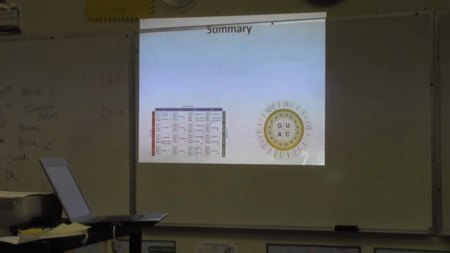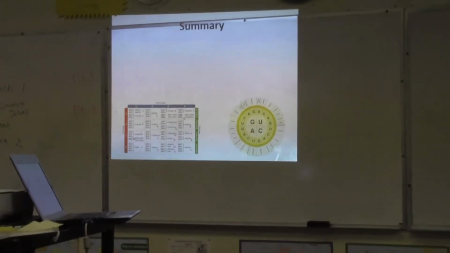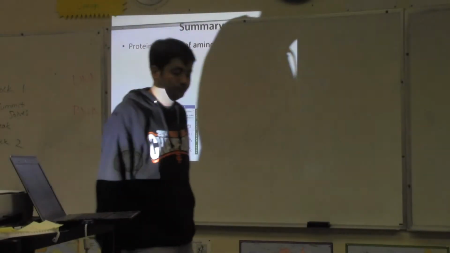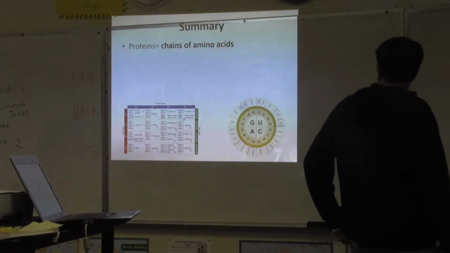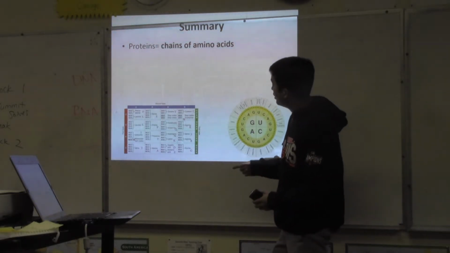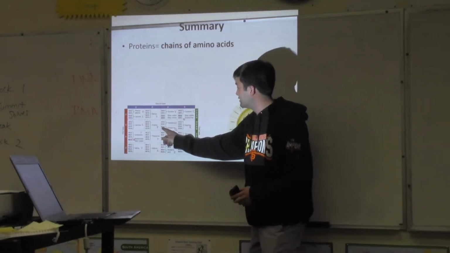Okay. So just to summarize some information before we do the last 2 practice problems. Proteins are chains of amino acids. So each codon, or each 3-letter sequence, gives us an amino acid.